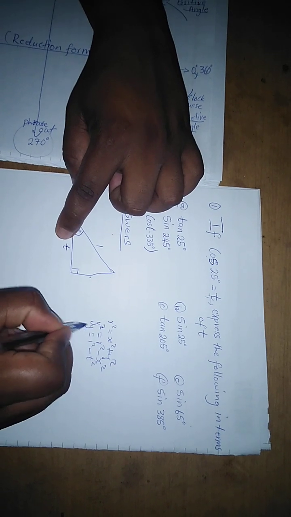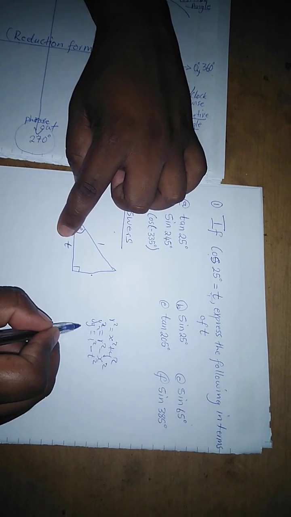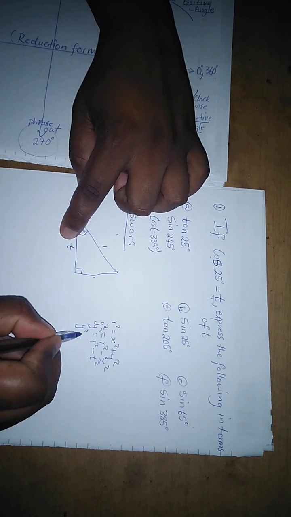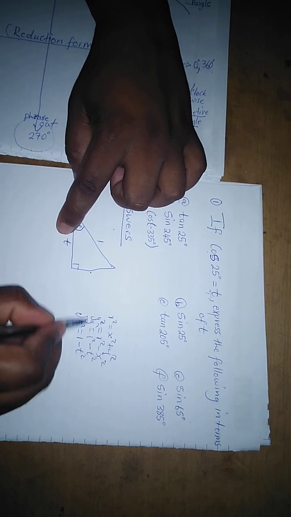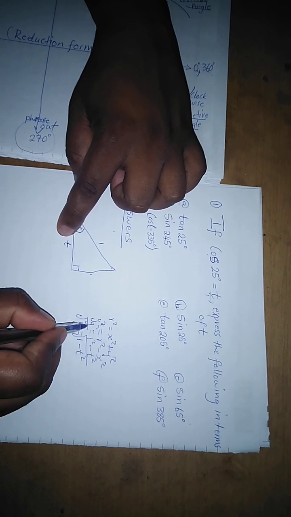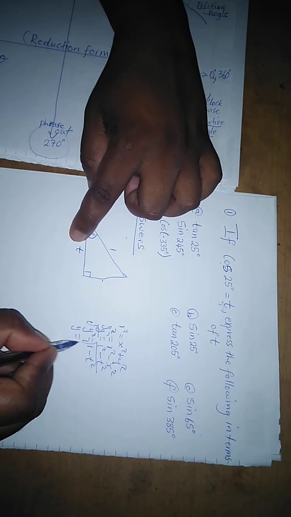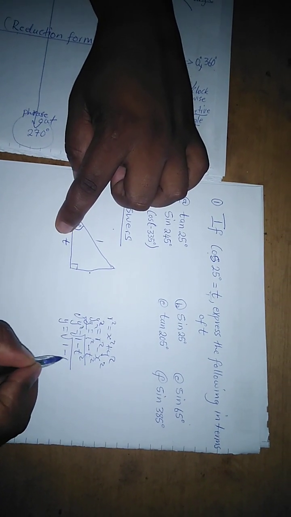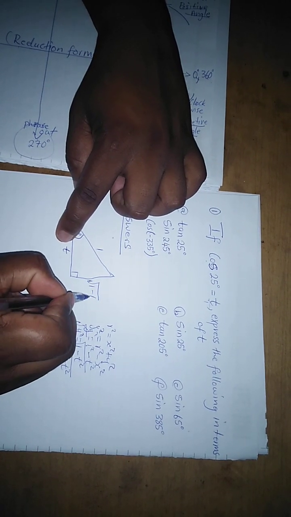So y squared is equal to 1 minus t squared. Then I introduce a radical sign on both sides, so y is equal to the square root of 1 minus t squared.